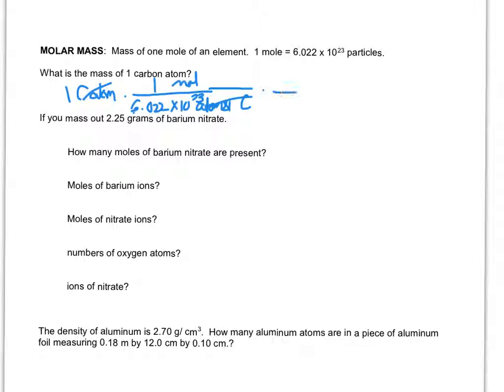I get to moles, and then I say 1 mole of carbon is 12.0 or 12.01 grams, depending on how many sig figs you need there. And so that gives me 1.99 times 10 to the negative 23rd of a gram.